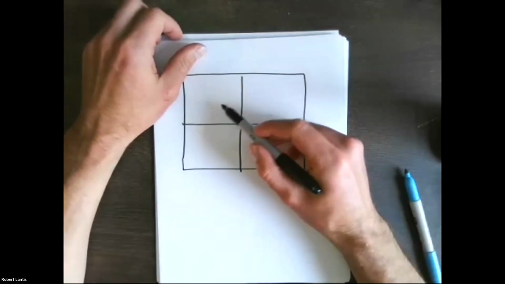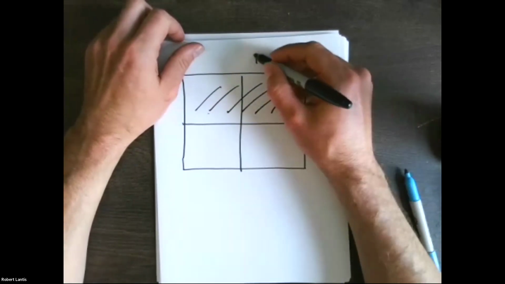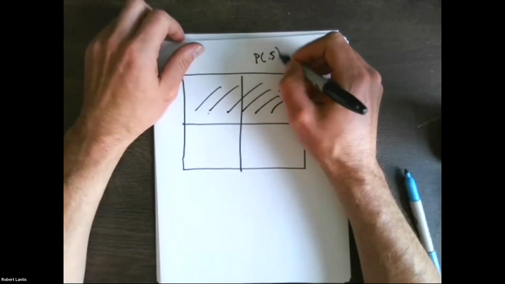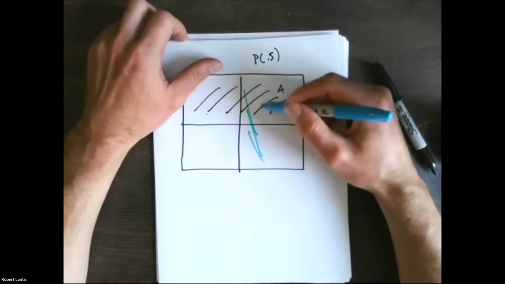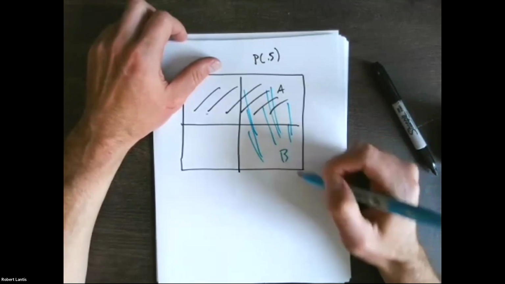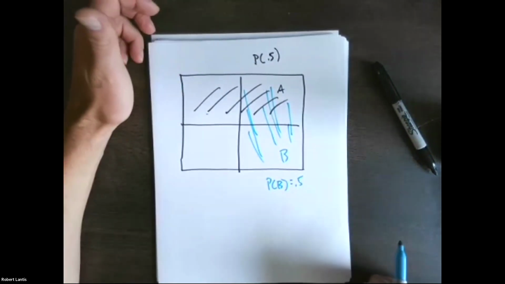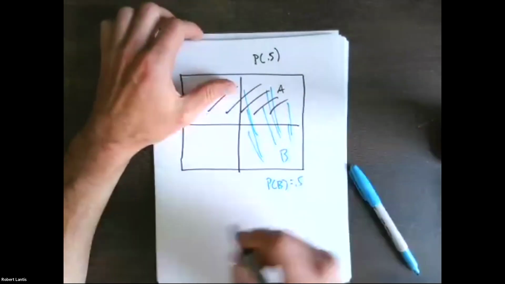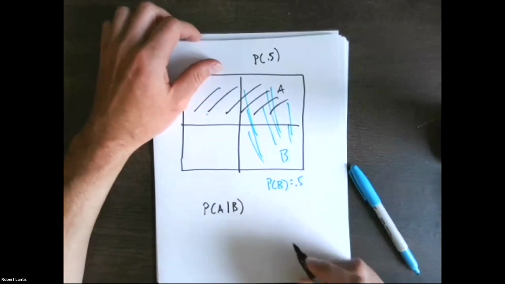So let's say here's my event A, and the probability is 0.5. And then here is event B, also has a probability of 0.5. Well, what if I wanted the probability of A conditional on B now?